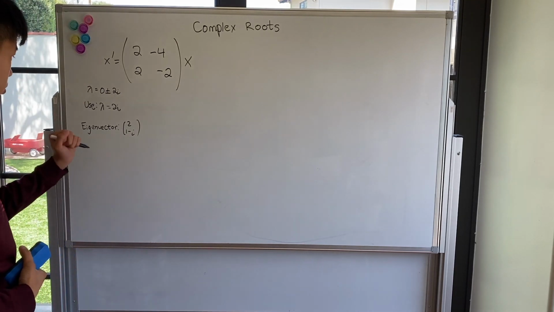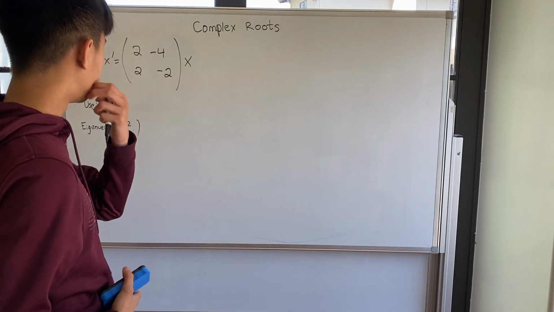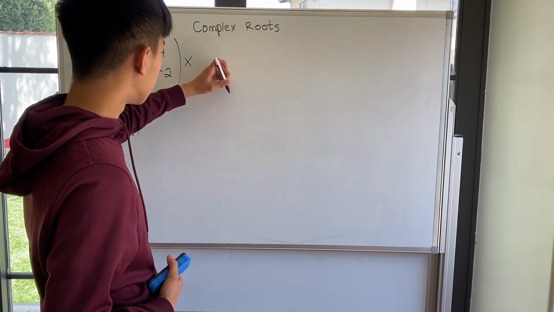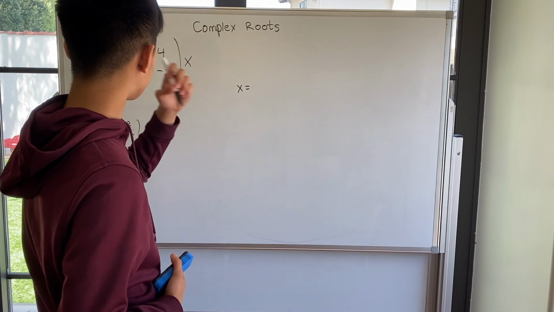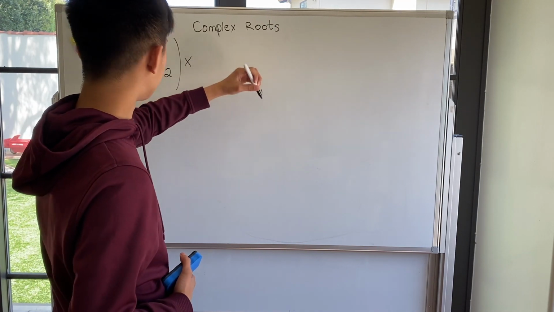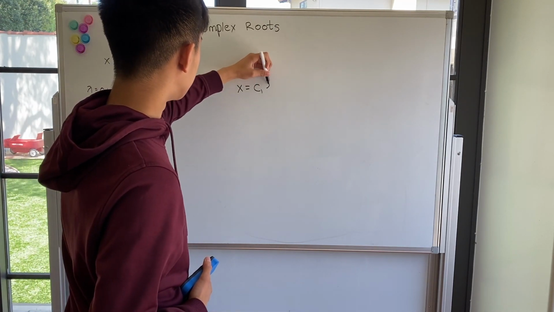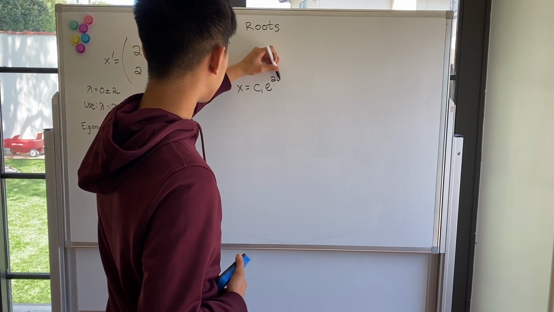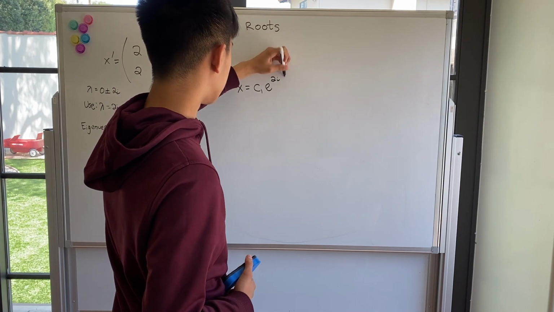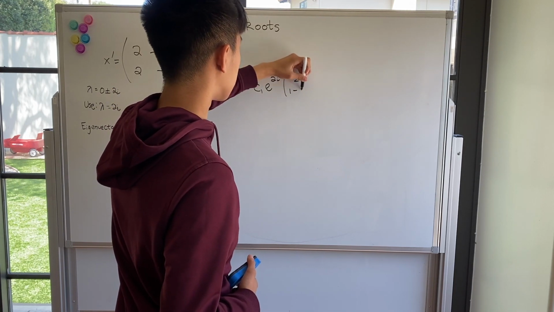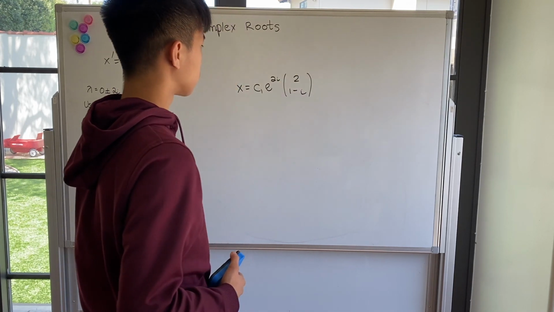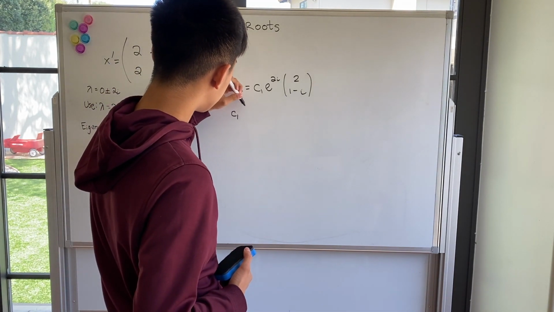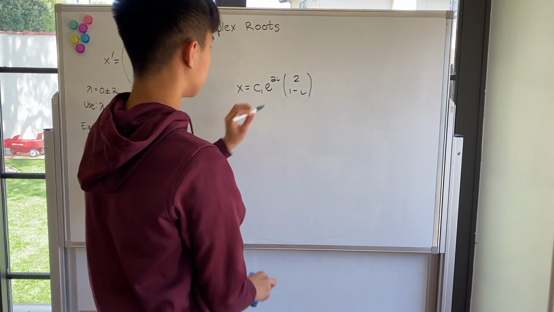As usual, we could just plug this into our matrix solution formula. So let's say that x equals C1 e to the 2i power times 2, 1 minus i. We can split this into multiple parts.